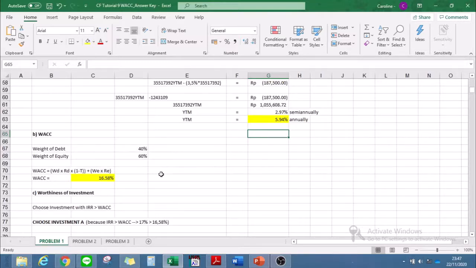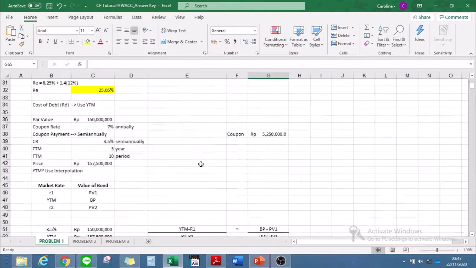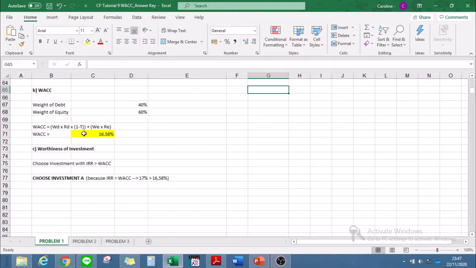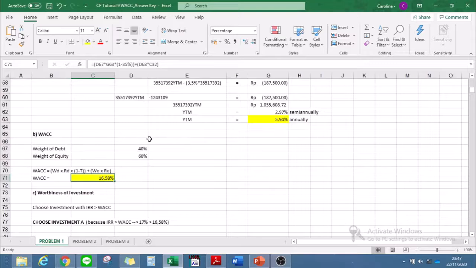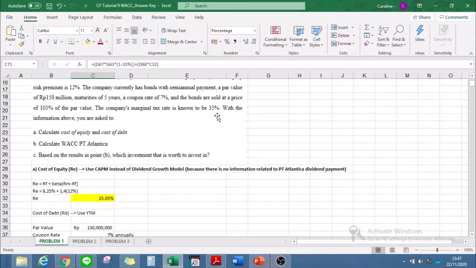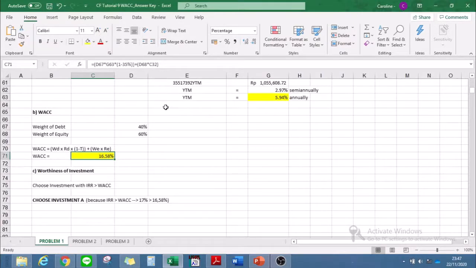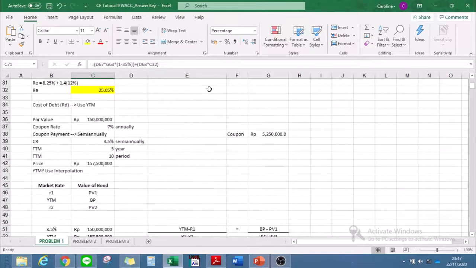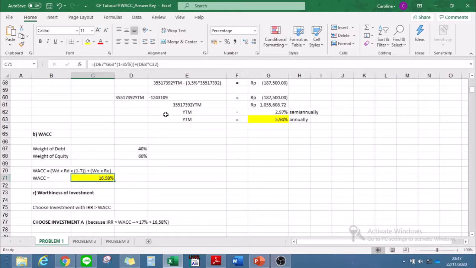Okay, and since we are given the information regarding the tax rate, we need to also calculate the after-tax cost of debt. For the cost of debt, we need to multiply the weight of debt with the YTM, and then we also multiply it with 1 minus the corporate tax rate, which in this case is 35%, and then we add the weight of equity multiplied by the cost of equity that we have calculated here, 35.05%.